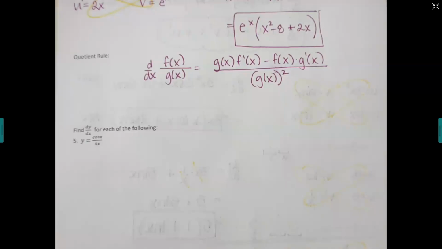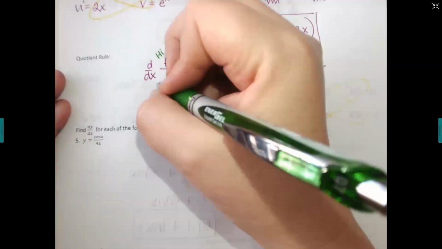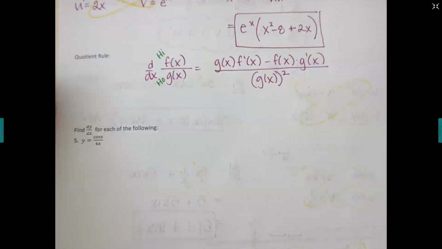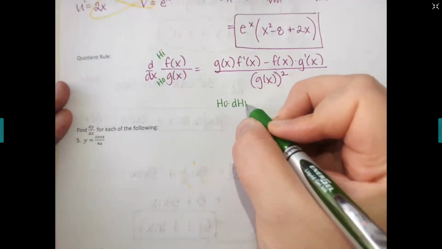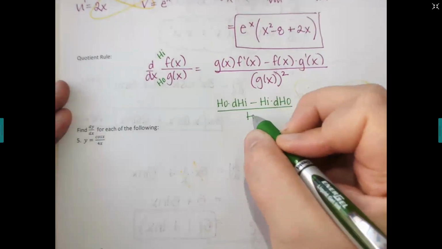Since this is kind of a mouthful to memorize, we're gonna do a little shortcut on it. Whatever the top function is, instead of calling it f, we're gonna call it high, because it's on the top. And then the bottom, we're gonna call it ho. So high is whatever's on the top, ho is whatever's on the bottom. So now your equation, when you take the derivative, is going to be ho d high minus high d ho over ho squared.